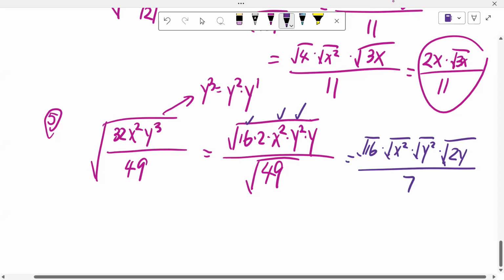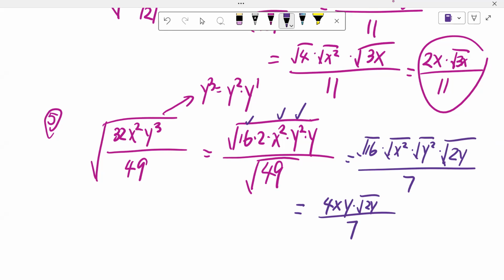On the bottom, that's 7. The square root of 16 is 4, the square root of x squared is x, the square root of y squared is y, and the square root of 2y over 7. That's basically how we simplify these radical expressions. Any question about this?